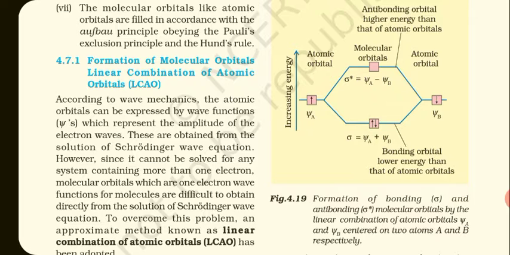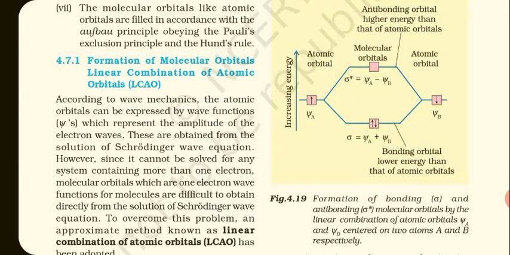You can see there is one electron in psi A and one electron in psi B, and there are 2 electrons in sigma, which is equal to psi A plus psi B, and in sigma star, psi A minus psi B, there is no electron, shown with pink color. Sigma, equal to psi A plus psi B, is the bonding orbital, having lower energy than the atomic orbitals.